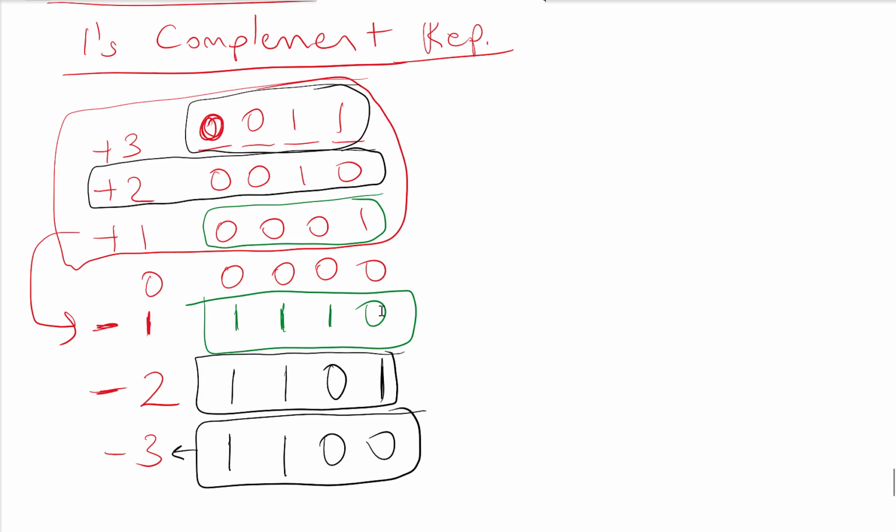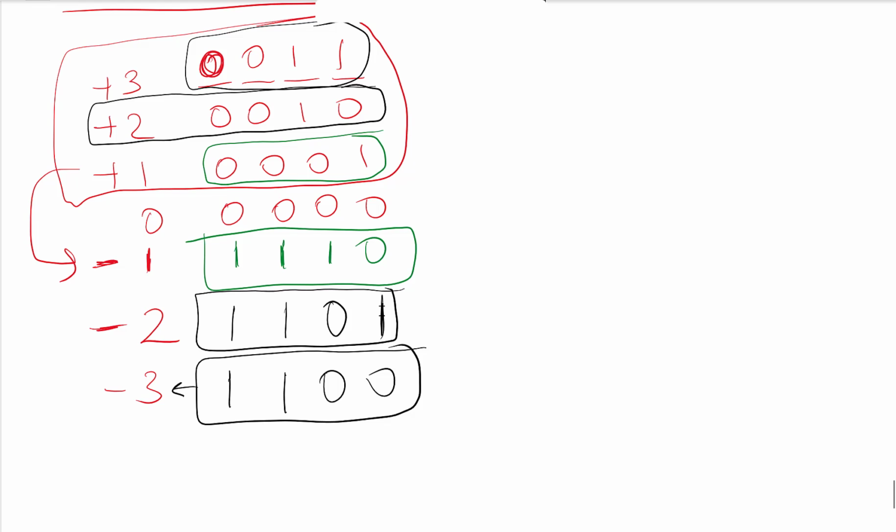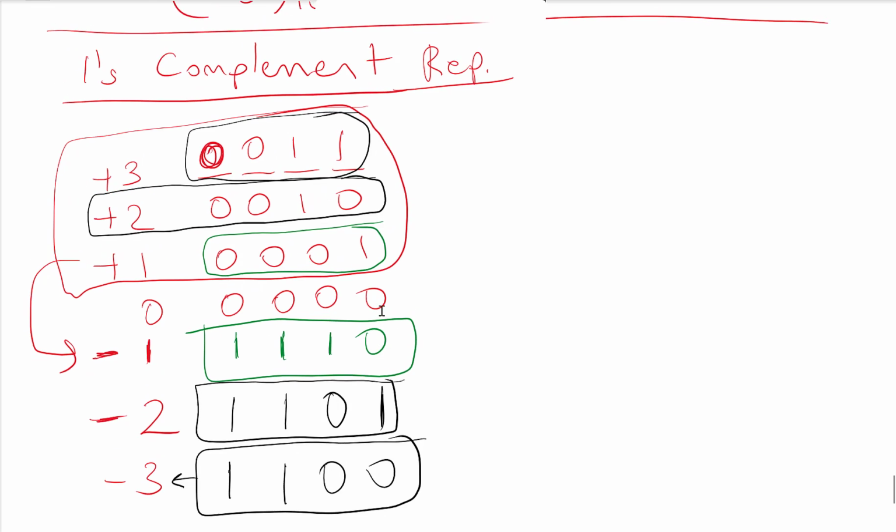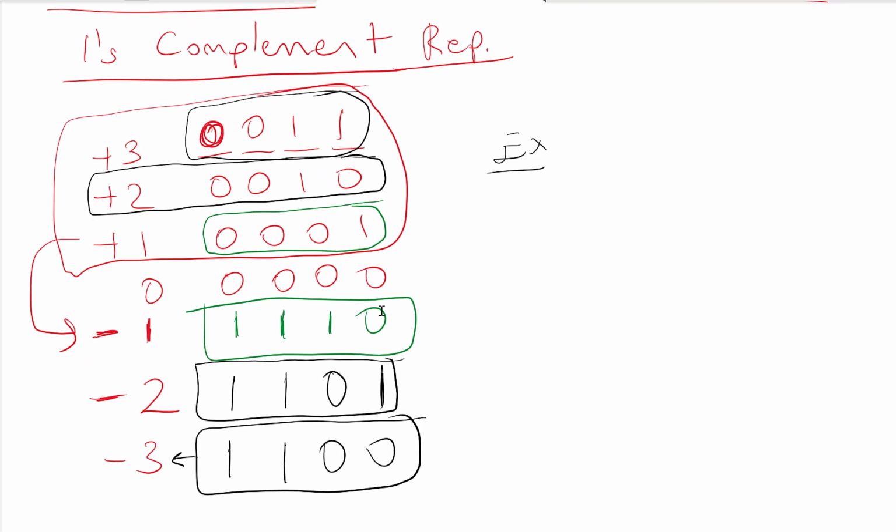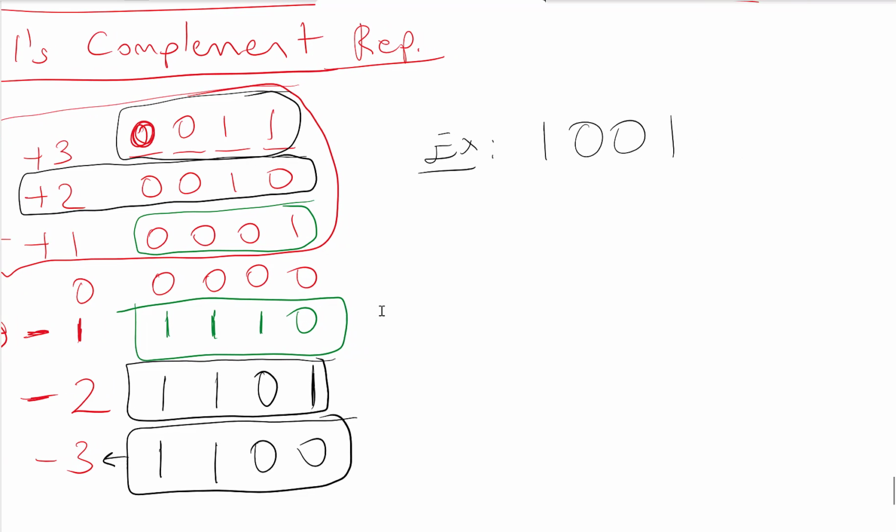As you see in one's complement representation, first we represent the positive numbers. Then to find the negative representations, we flip all the bits. So let's do an example. Let's say I give you a number 1, 0, 0, 1, and I say this is in one's complement representation, and I would like to know what this number is in decimal.